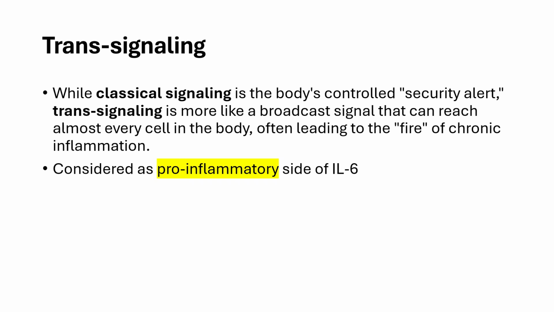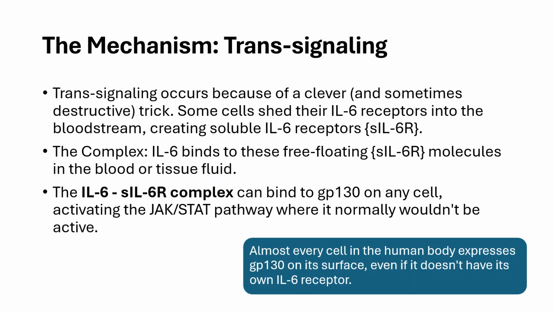Coming to the pro-inflammatory part of interleukin 6, it is through trans signaling. And how does this trans signaling activate? Sometimes some cells shed their receptor and it goes into the blood and becomes a soluble receptor.